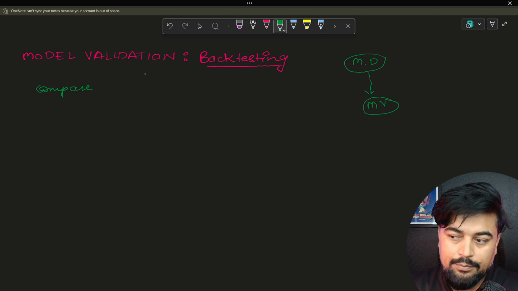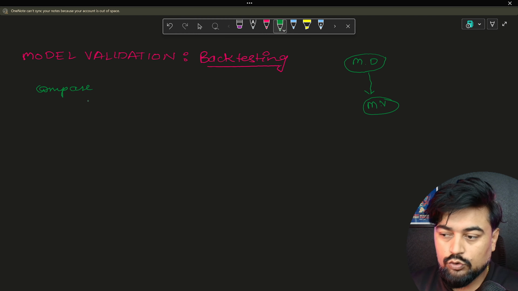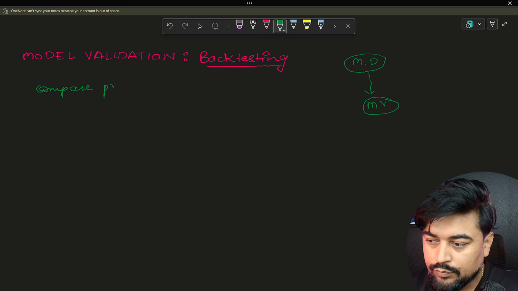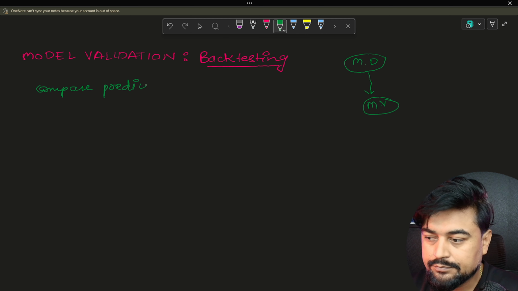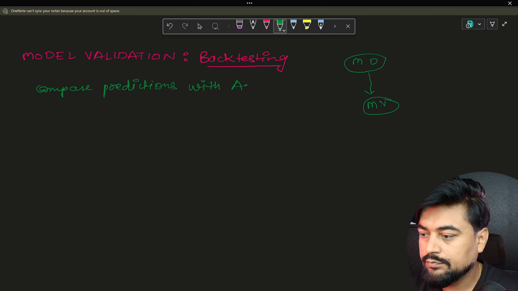So at this step I am assuming that the model is fully developed. The purpose of backtesting is comparing the predictions of your model with actual values.